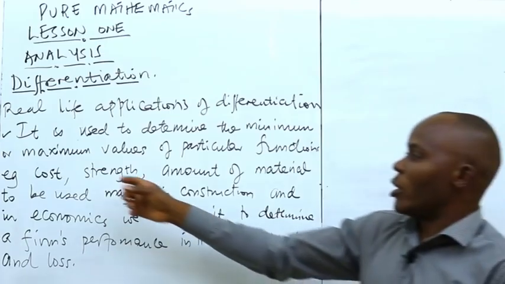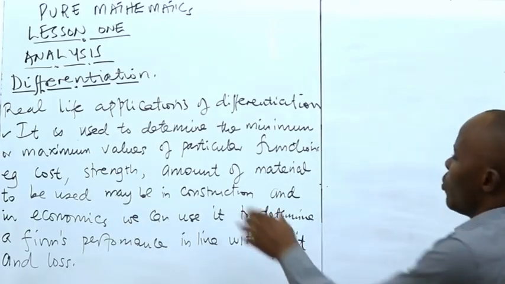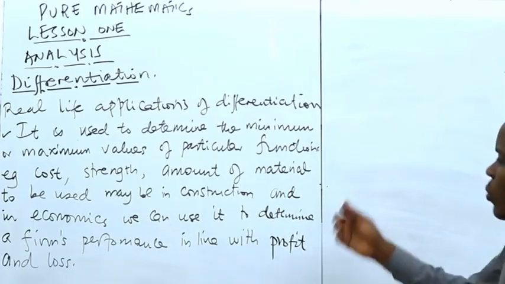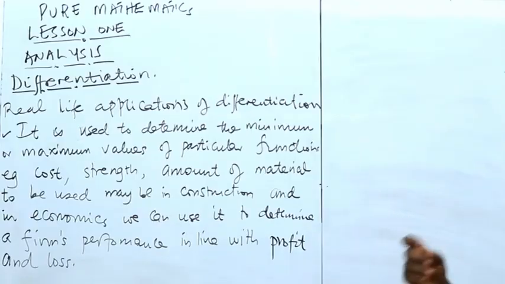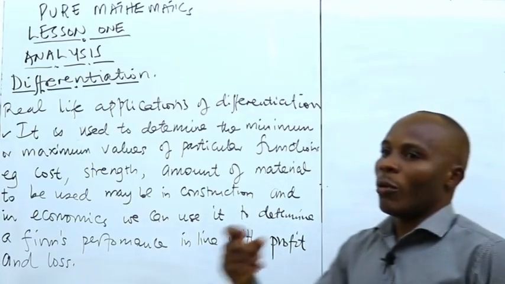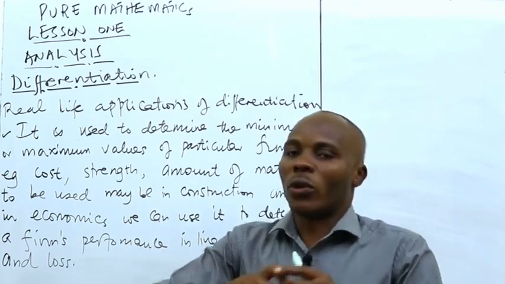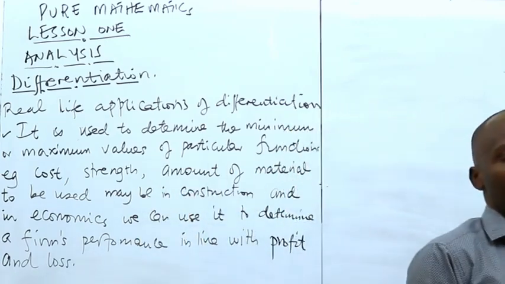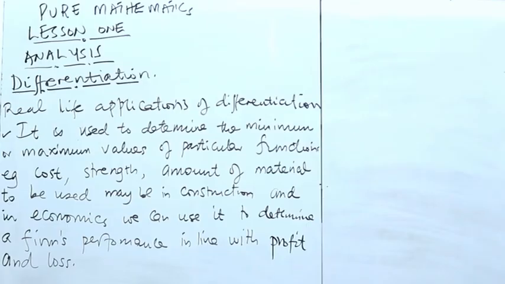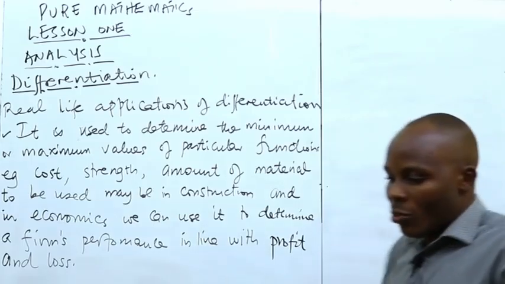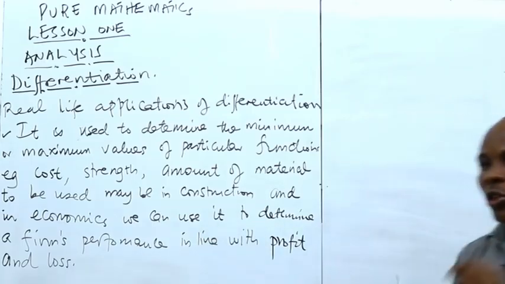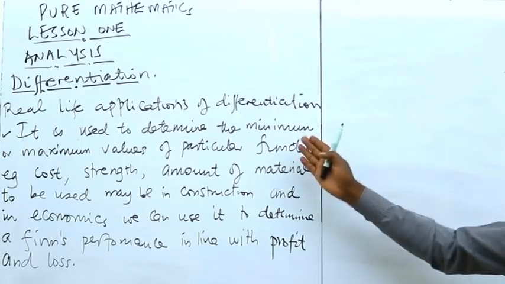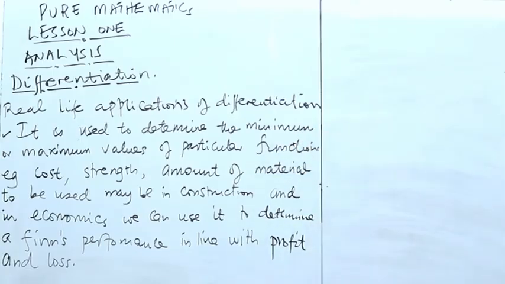It can be used to determine strength. It can be used to determine the amount of material to be used, maybe in construction, assuming you have a square plot of land and you want to enclose it with barbed wire. You want to make a fence of barbed wire. Determining how much you need to buy, you can basically use differentiation to determine that.